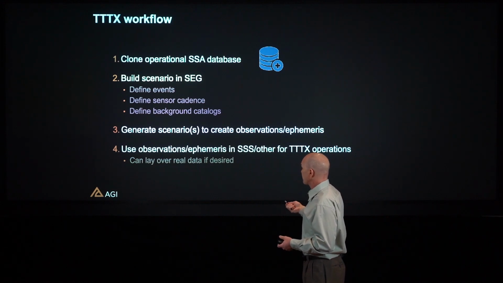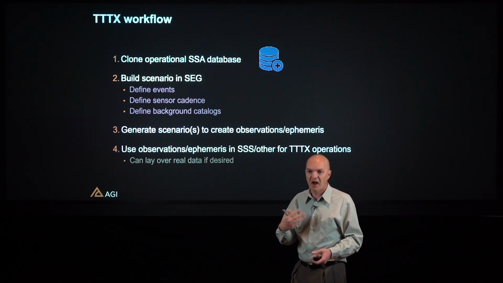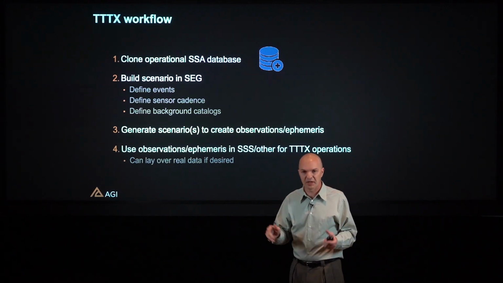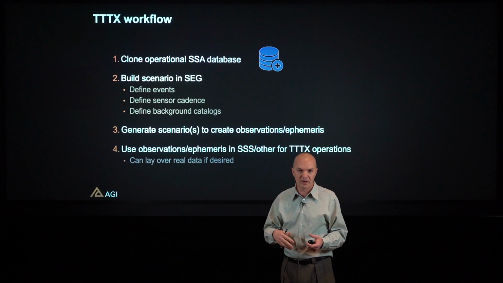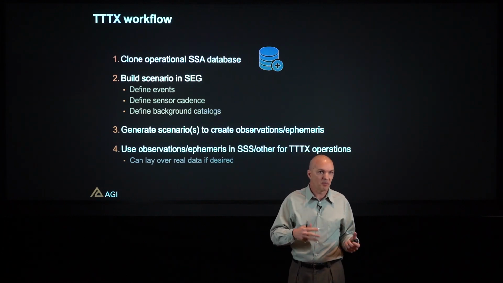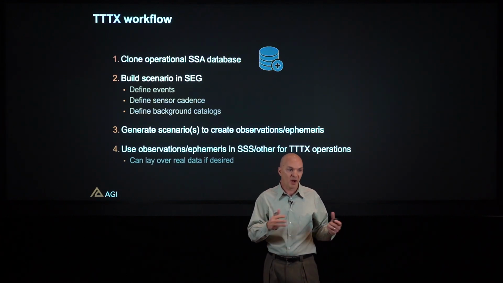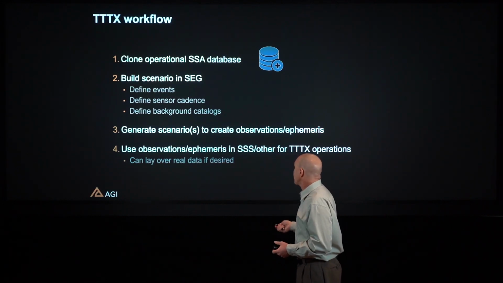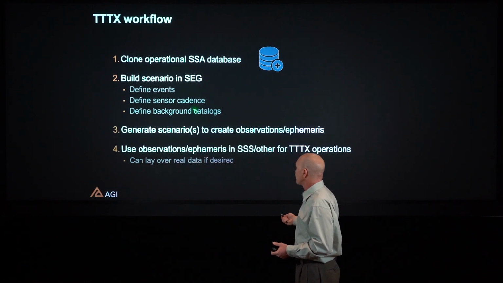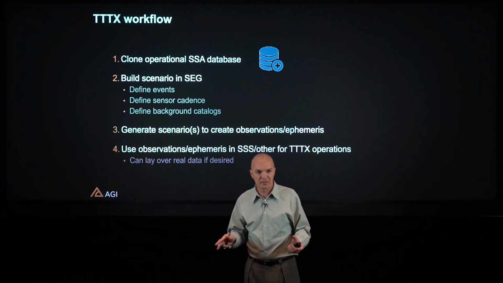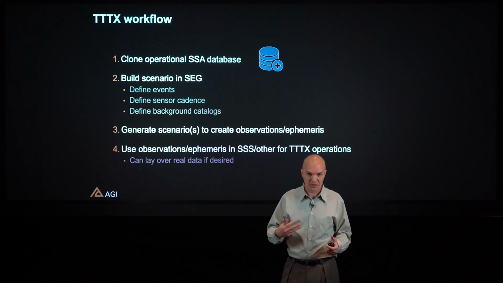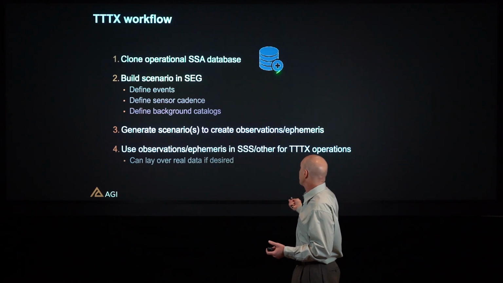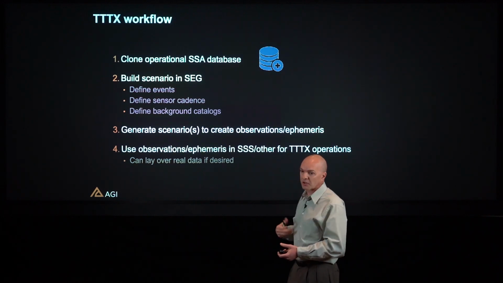So on top of that database, we build a scenario in SEG where you define events, you define sensor cadences, and a sensor cadence, which we'll get into more detail later, basically results in a definition of how many observations are going to be generated by a sensor network for each of the objects within an event. The next thing we do is define a set of background catalogs, and there's no limit on the number of background catalogs that can be added into a scenario. And these background catalogs, again, are coming from this database that has been cloned.